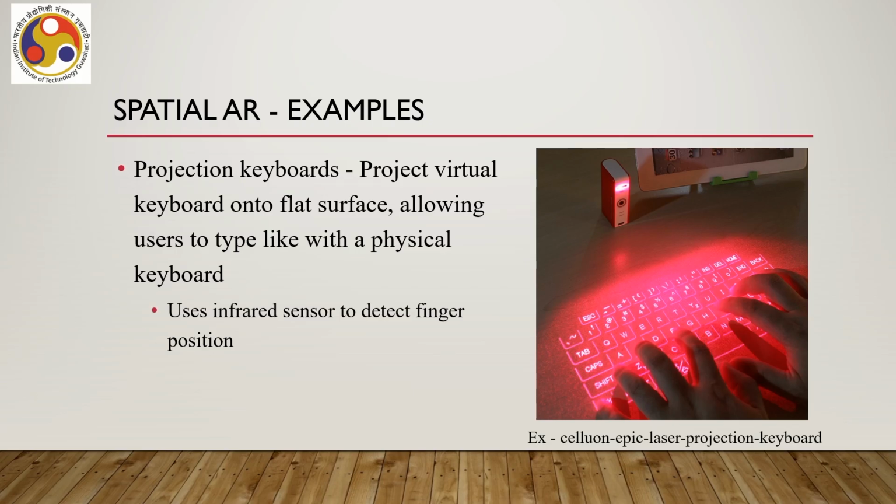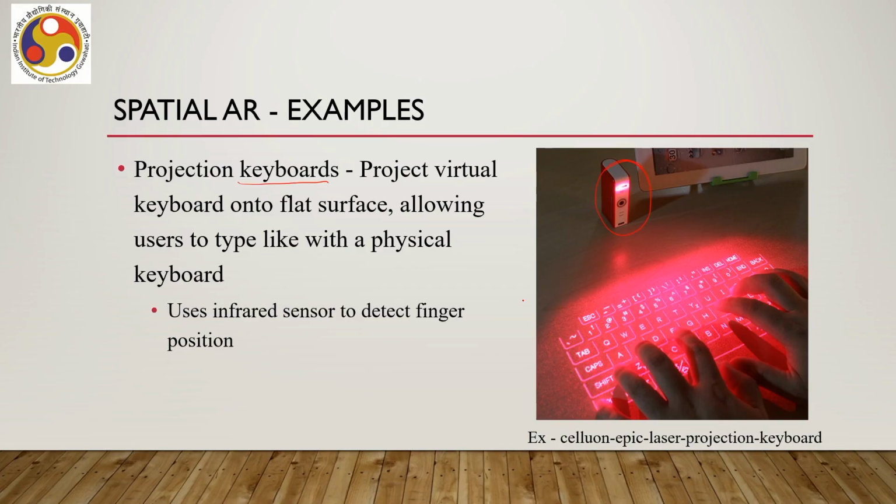Another example is a projection keyboard. Now, these are probably quite familiar to many of you. Like projection surfaces earlier, here also a projector is used which projects a keyboard on any surface, converting that surface into an interactive keyboard.